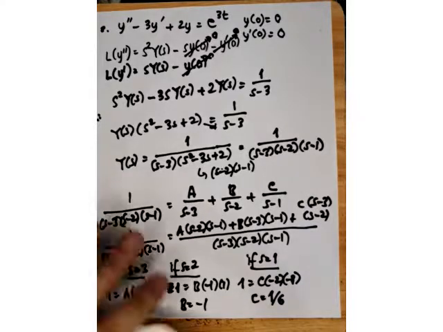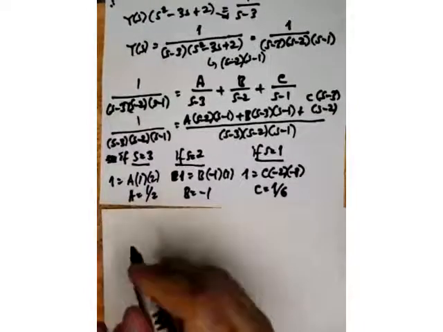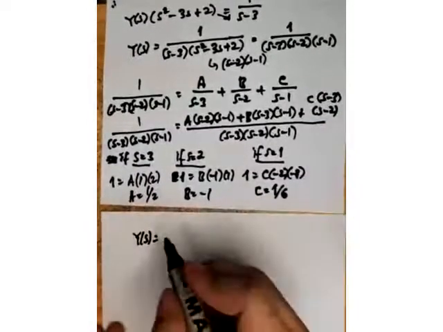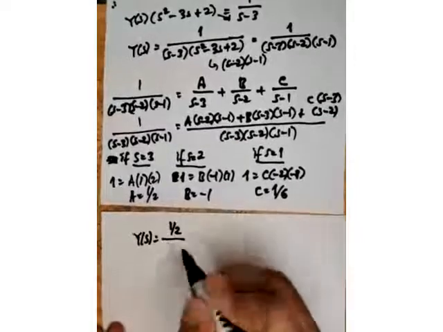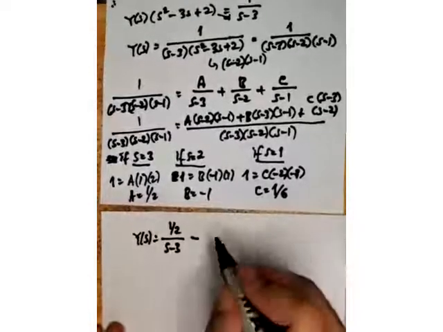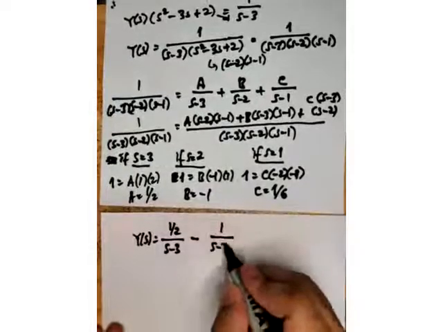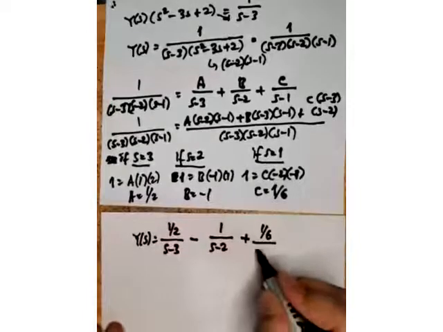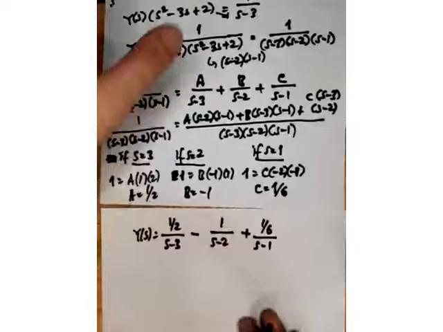Ayan. So therefore, yung y of s natin ay equal siya sa 1/2 over s minus 3 minus 1 over s minus 2 plus 1 over 6 over s minus 1.